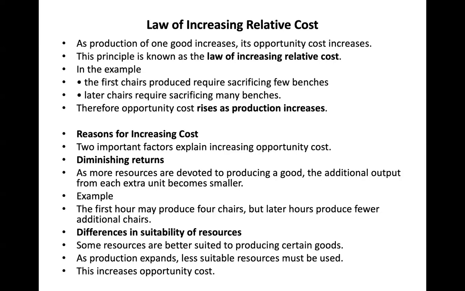A typical example: you have 1 acre of land. You initially employed 2 laborers. They were able to produce, let's say, 4 bags of maize.